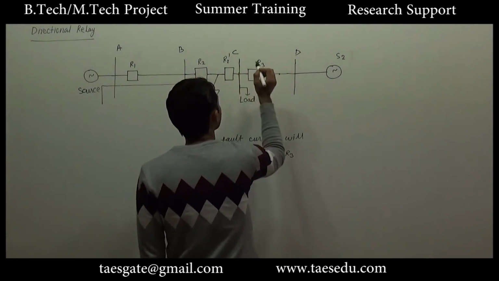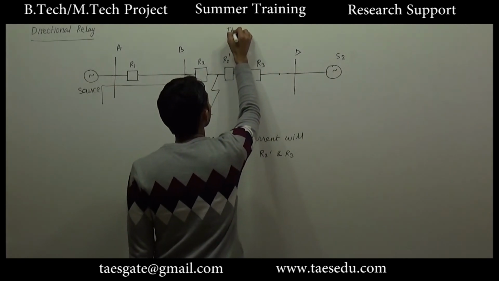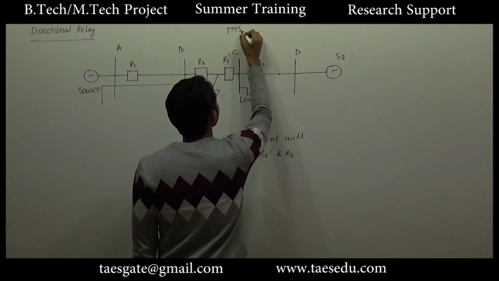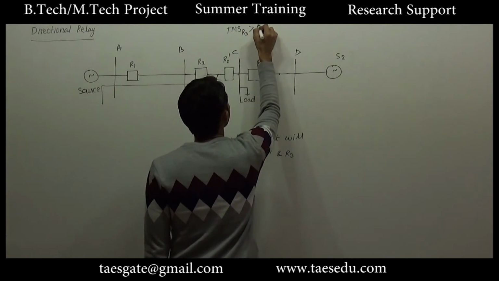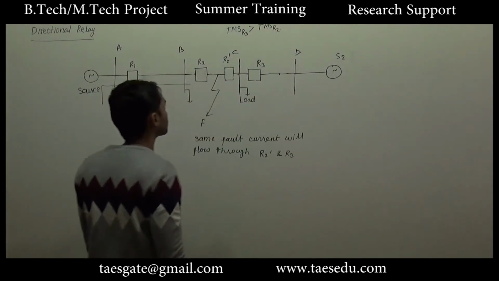Now again one possible solution may be, for this fault, to set the TMS of R3 greater than the TMS of R2.